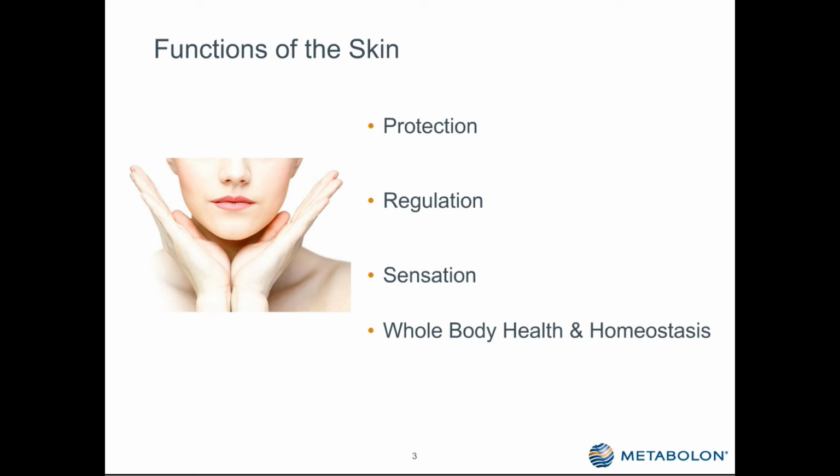So skin is the largest organ in our body, and it has several important functions, including protection, regulation, sensation, homeostasis. As an organ of protection, the skin forms a barrier that protects us from mechanical impact and desiccation. It also prevents the invasion of microorganisms as well as UV radiation or chemical exposures.